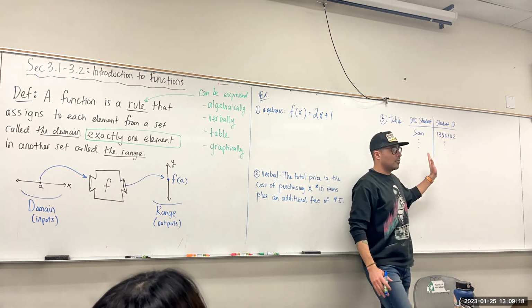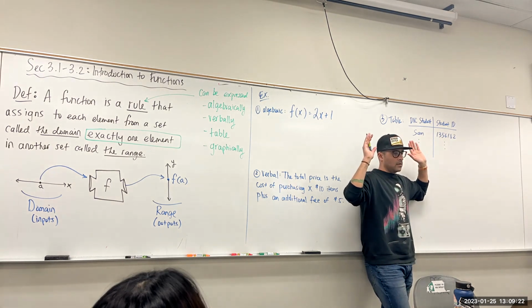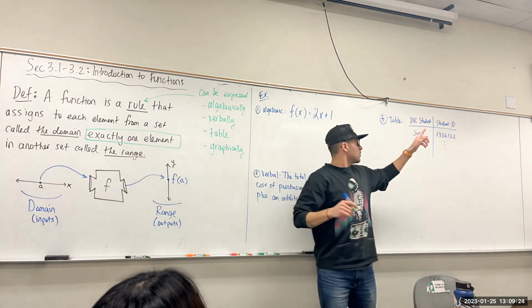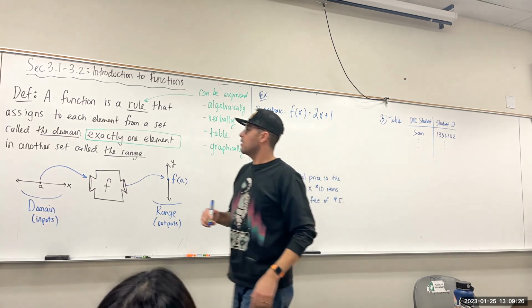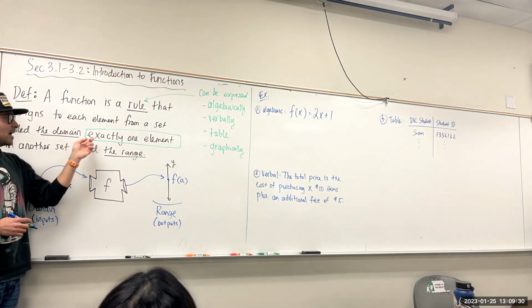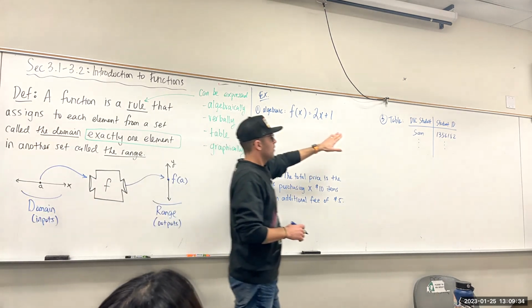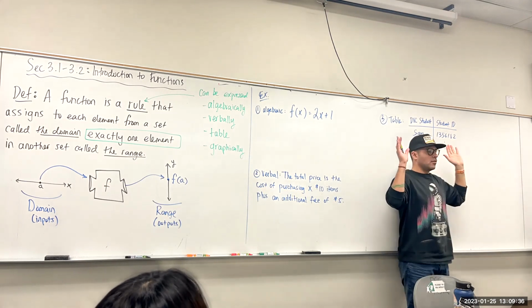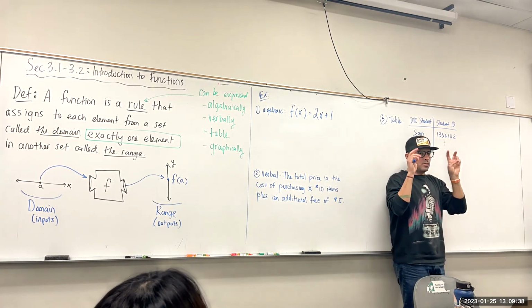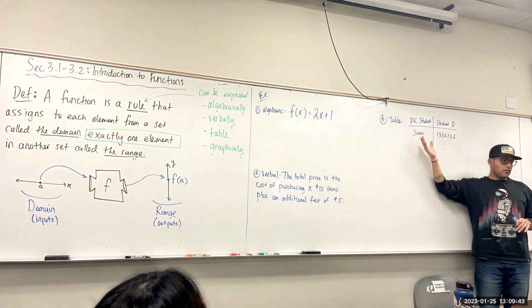When you look at a table, you want to be very careful because a table can just have random data. So when you're looking at a table, you want to make sure you really focus on the green part, that it has exactly one element. For example, if you're looking at this table, what would you want to call the inputs? The student. So you pick that.